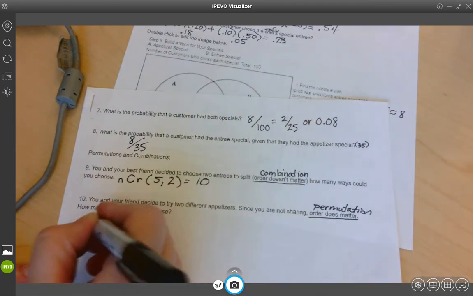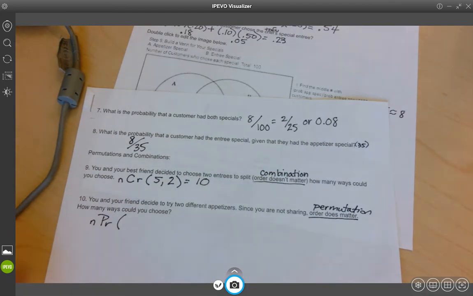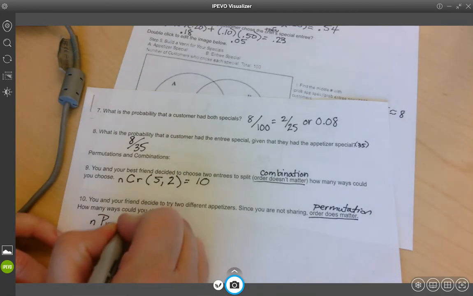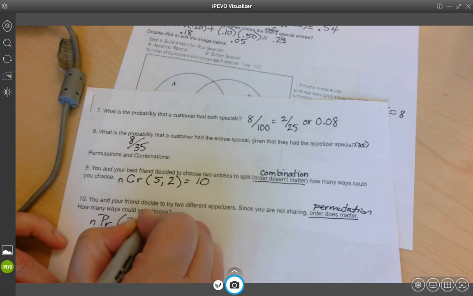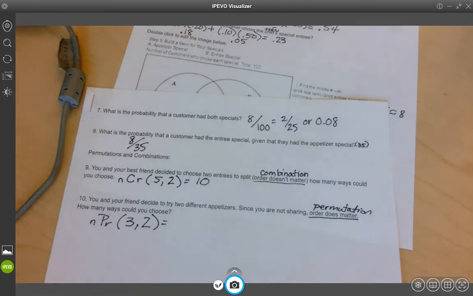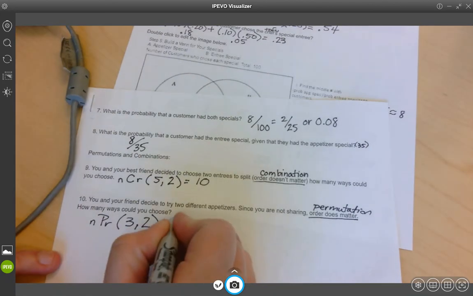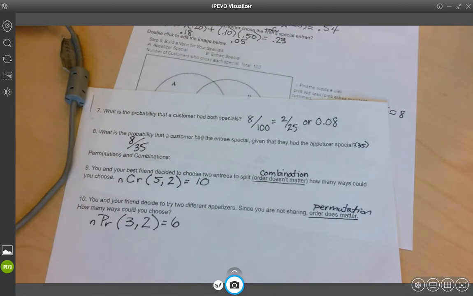So we're going to do nPr. And this time, it's the appetizers. How many choices do we have for the appetizers? 3 choices. Good. So this time it's going to be 3, 2. All right, go ahead and do that. All right, so there were 6 ways for us to choose our appetizers there.